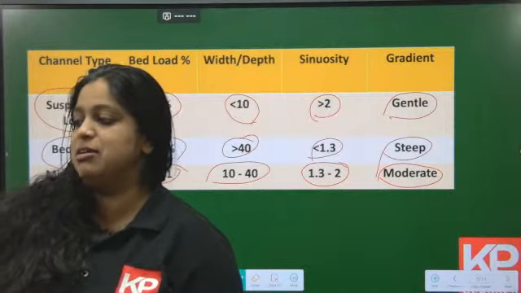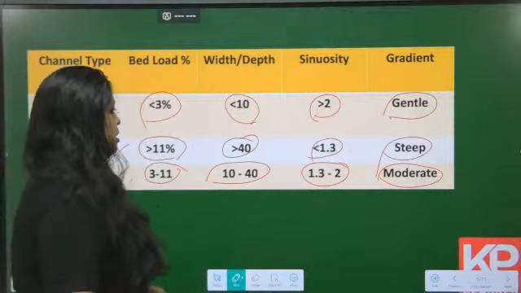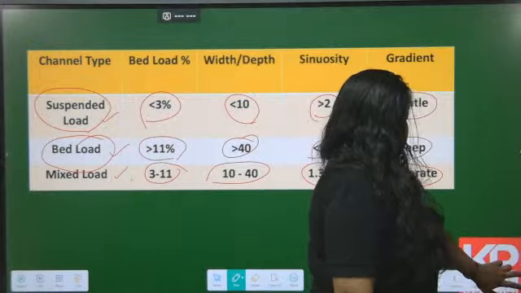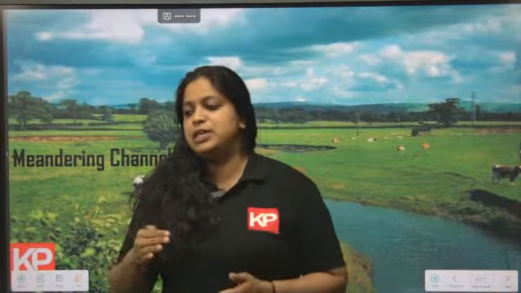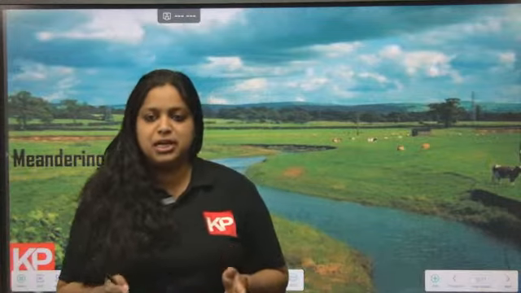So let's discuss the meandering channel in detail. When the sinuosity of a channel is greater than 1.5, we call it a meandering channel.